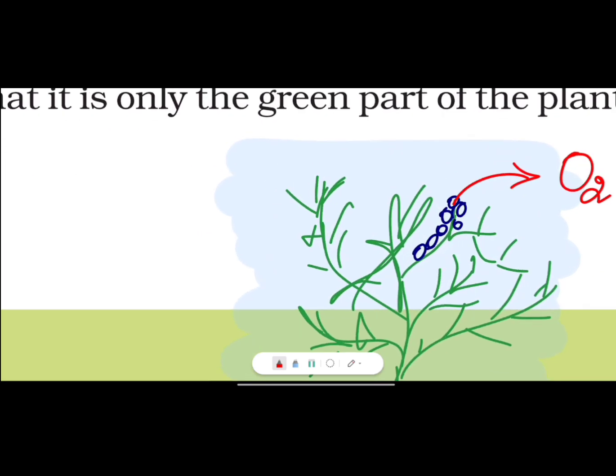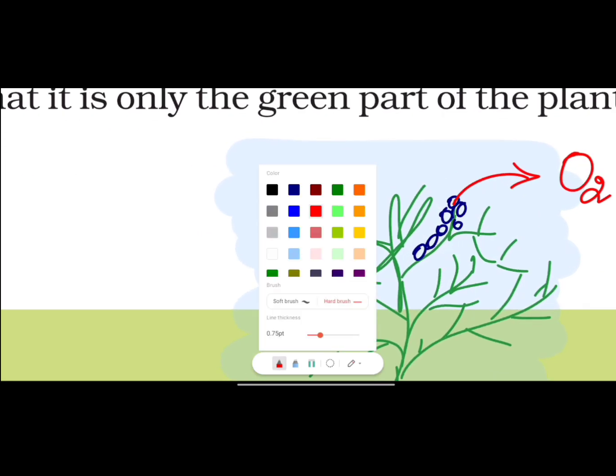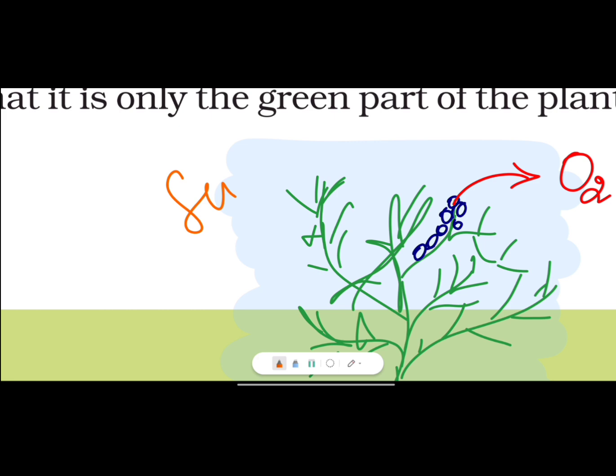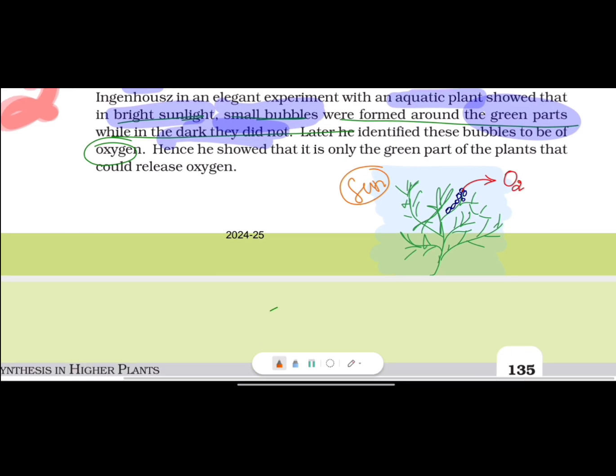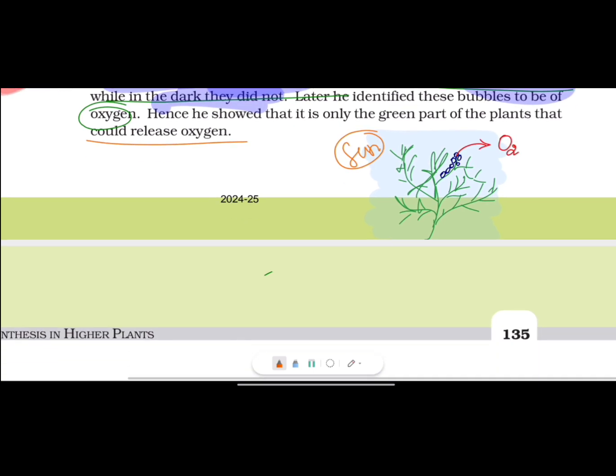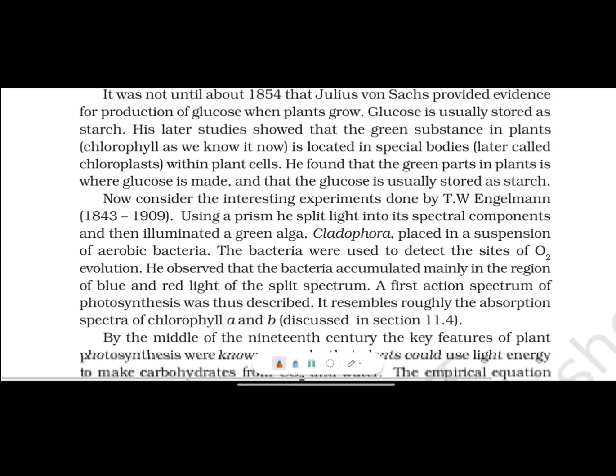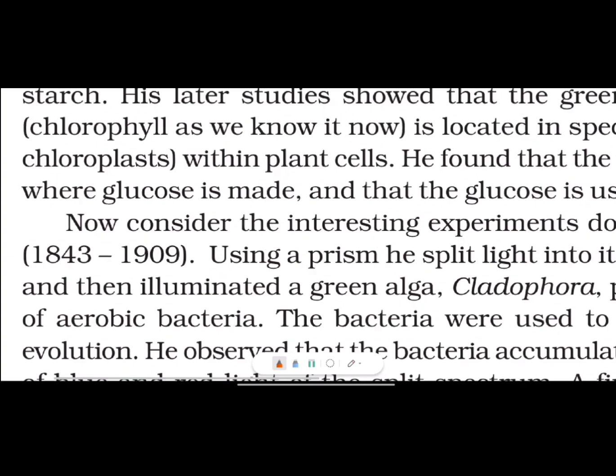This happens only when it gets exposure to the sun. Hence, he showed that it is only the green parts of plants that could release oxygen. Next, let's move on to the third experiment.